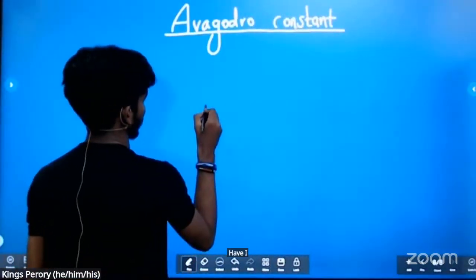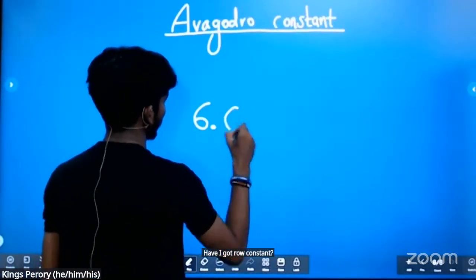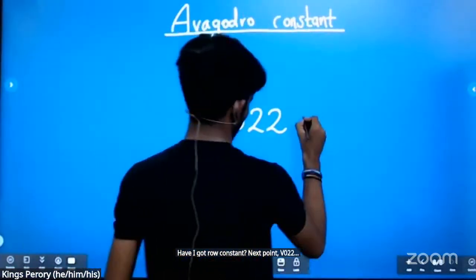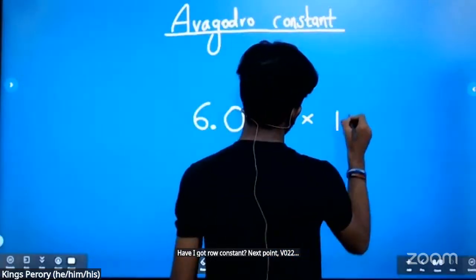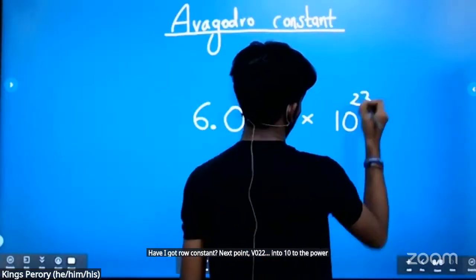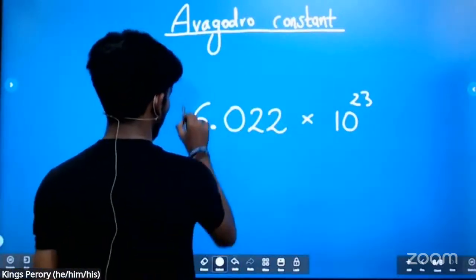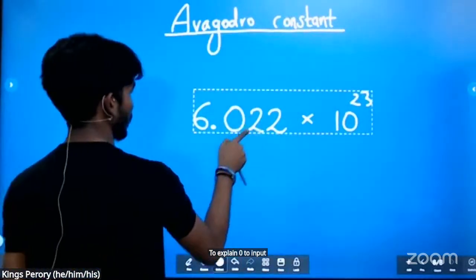Avogadro constant is 6.022 into 10 to the power 23.